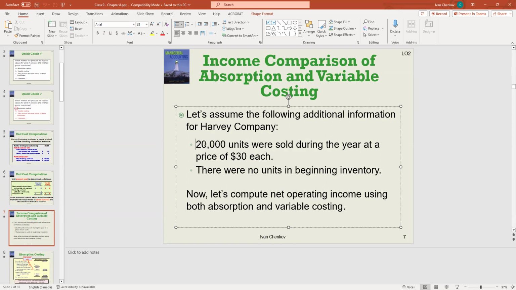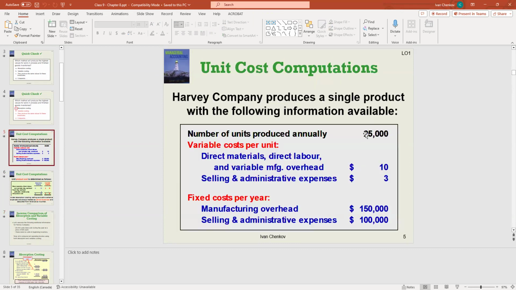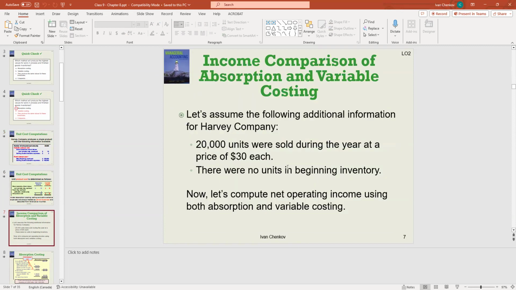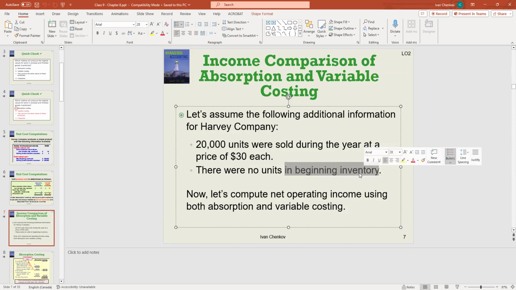So they're selling 20,000. How many did they produce? 25,000. So it clearly says they don't have beginning inventory, but now they're going to have 5,000 units of ending inventory, right?